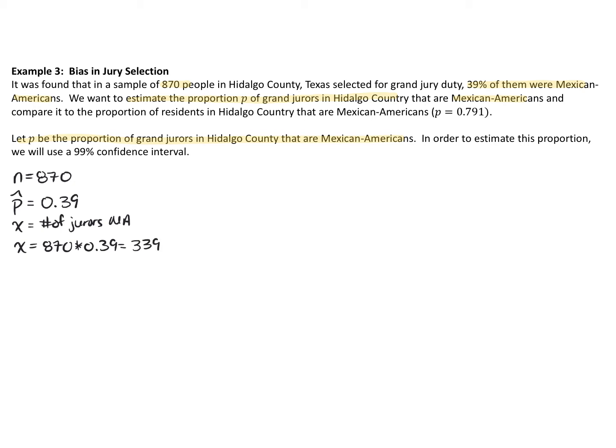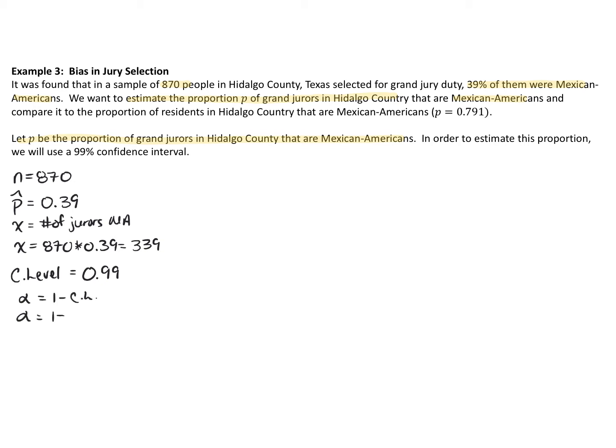Now let's write down our confidence level. We're building a 99% confidence interval, so the confidence level is 0.99. Therefore, alpha, which later on you'll learn is called your significance level, is 1 minus your confidence level.